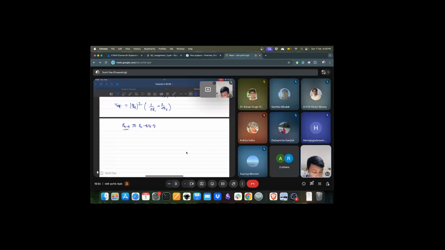So you can also put h bar v F, where v F is the characteristic Fermi velocity, and then epsilon of minus k minus q is also going to be epsilon of k plus h bar v F q, okay.